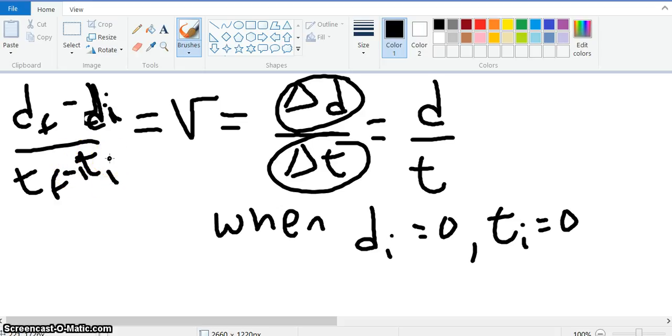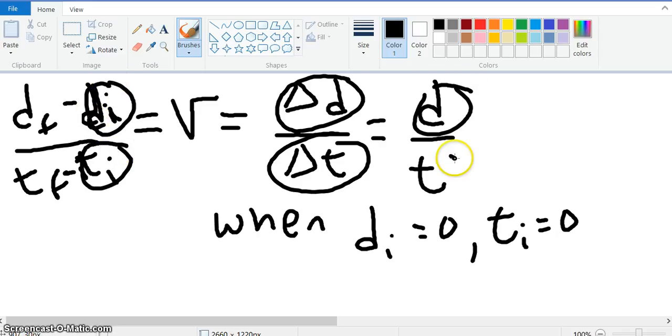And so if the initial distance and the initial time are 0, then it just reduces to d over t, where d is the final distance from 0 and t is the final time from 0.